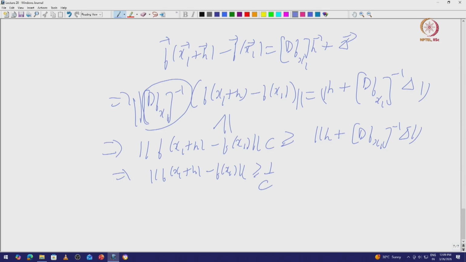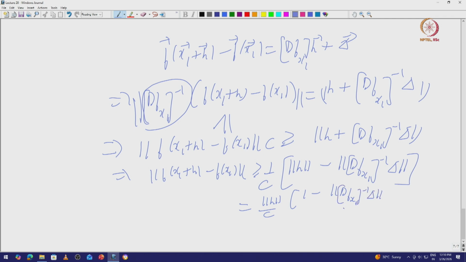So in other words, times, then what can we say? This is larger than norm h minus norm of this. So this is norm h by c, 1 minus this much. Now what can we say? Notice that what property does this error term satisfy? The error term divided by norm h goes to 0 as h goes to 0.